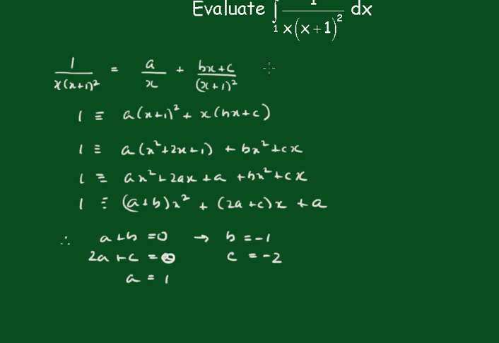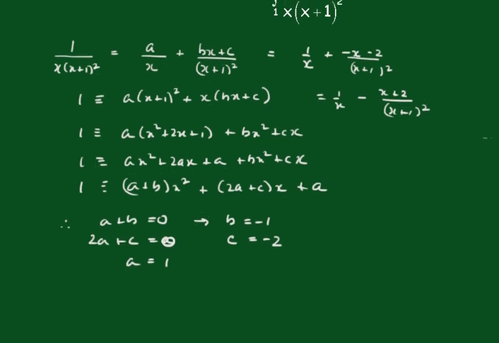Right, so this would have been equal to 1 over x plus minus x minus 2 all over (x plus 1) all squared, or you could have it 1 on x minus (x plus 2) over (x plus 1) all squared, and that's what our integral would be.